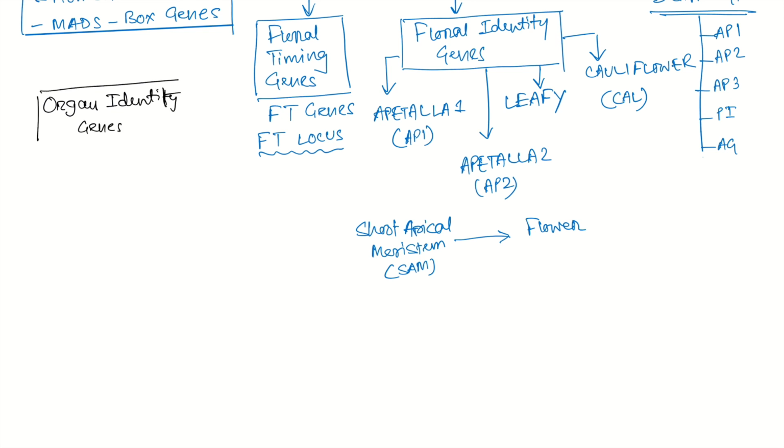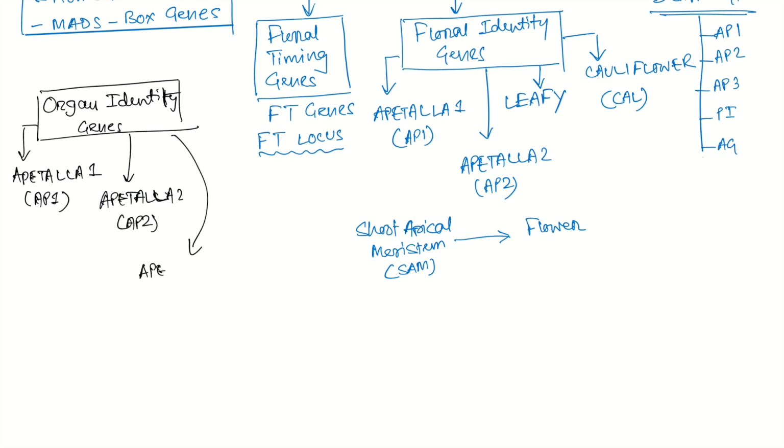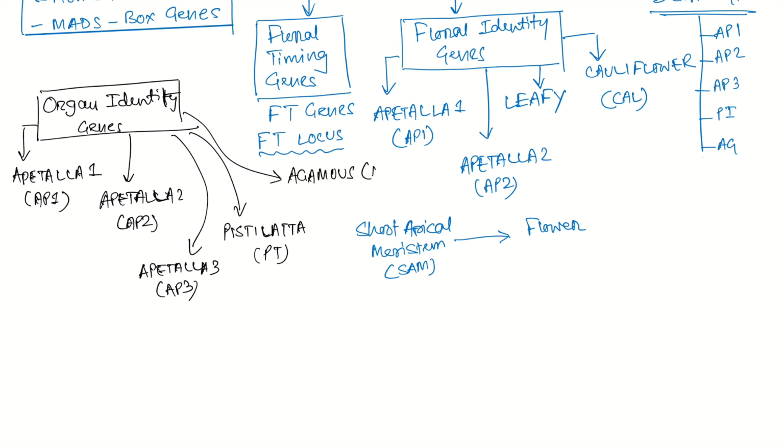The fourth one is Pistillata, PT or PI in some books, and Agamous or AG.